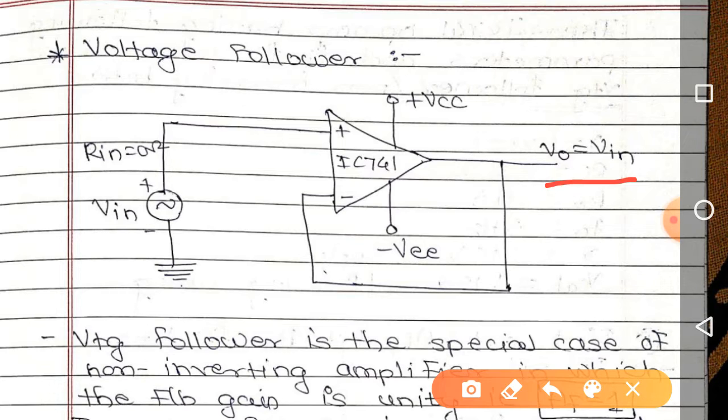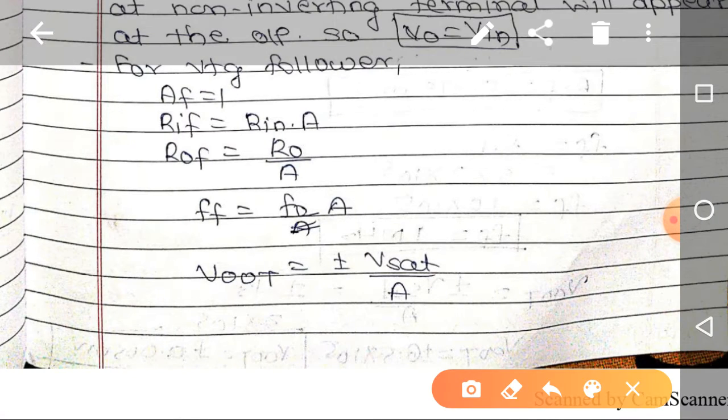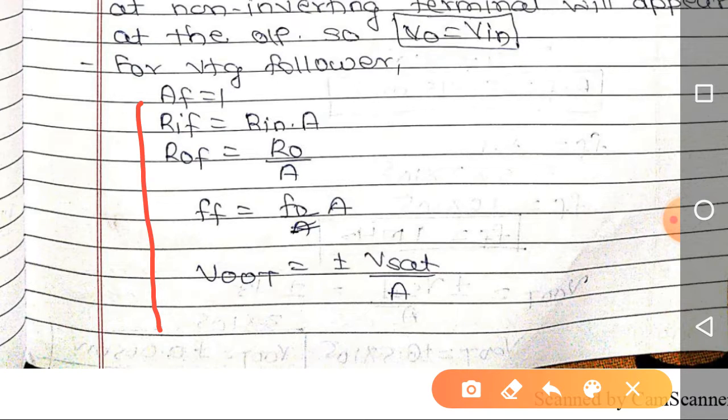That is, whatever the output voltage you will get, it is equivalent to the applied voltage. Output will follow the input, so it is named the voltage follower. Here remember these parameters, these are required while solving the numerical problems based on the voltage follower.